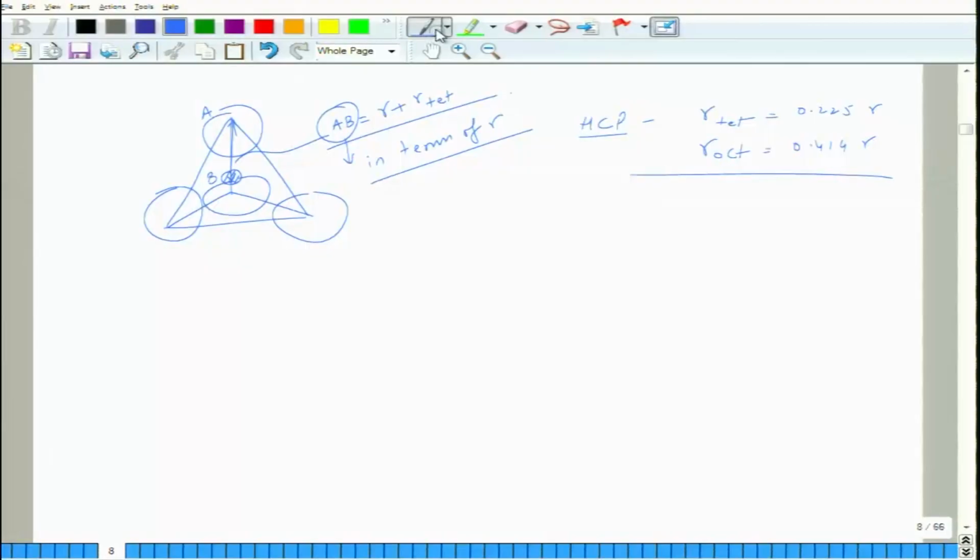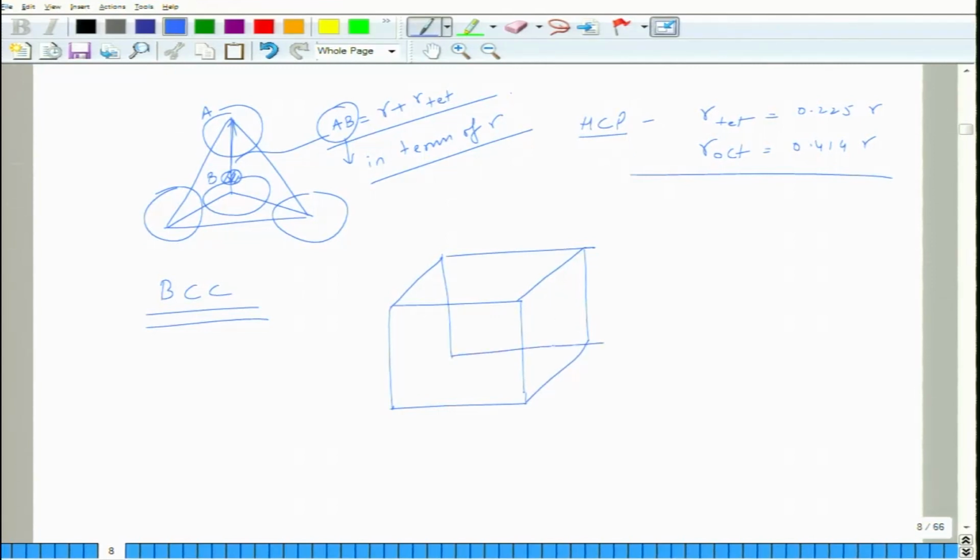In the case of BCC, since it is not a closed pack structure, it does have voids. You have one atom here, here, here, here, here, here, and one here. It has voids, but they are all distorted voids.